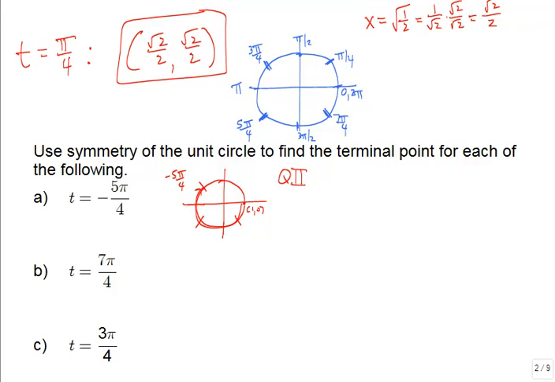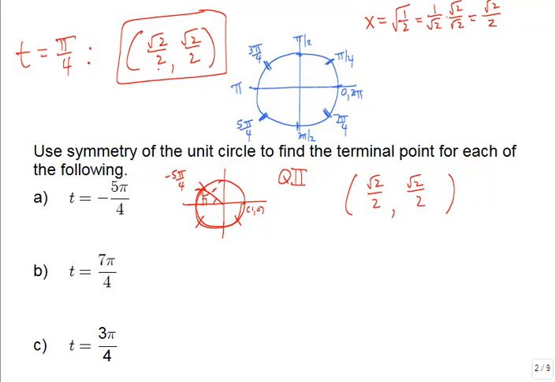So the coordinates of this point, the x and the y value of this point, you can imagine drawing that little right triangle with a radius of 1. It's going to have those same two equal legs because this is a 45-degree angle here and here. So this is still root 2 over 2 and root 2 over 2, but because we're in quadrant 2, all we have to worry about are what signs this should have. So the terminal point will still have the same values, root 2 over 2 and root 2 over 2, that we had for pi over 4 in quadrant 1.